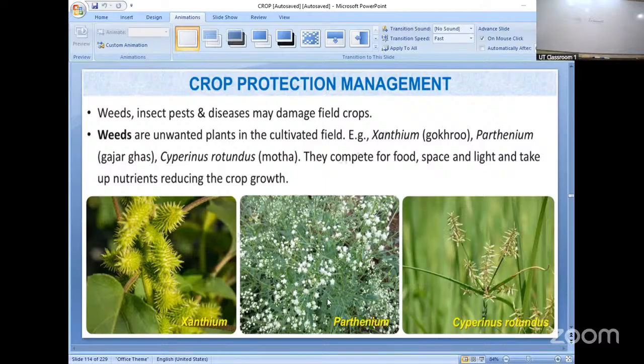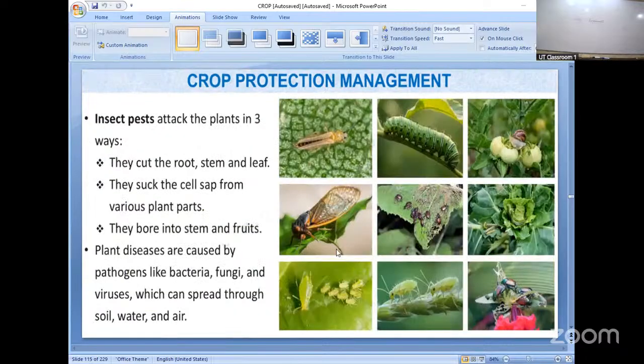The nutrients provided to the main crop may be taken by the weeds. So they compete for food, space, and light, and they take up the nutrients and reduce them for the main crop. So the weeds should be eliminated.